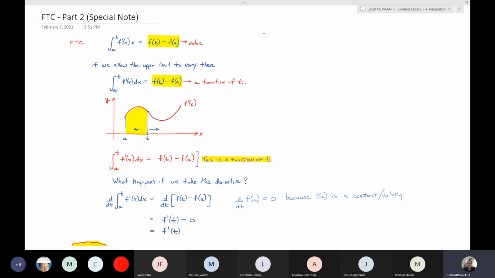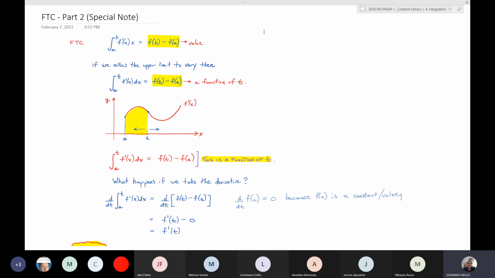Now, hopefully that's not new to you. We've covered this already. If you allow the upper limit to vary, in other words, if our upper limit now becomes t, and the lower limit stays as a number, then the fundamental theorem of calculus becomes the integral from a to t of f prime dx is just equal to f at t.